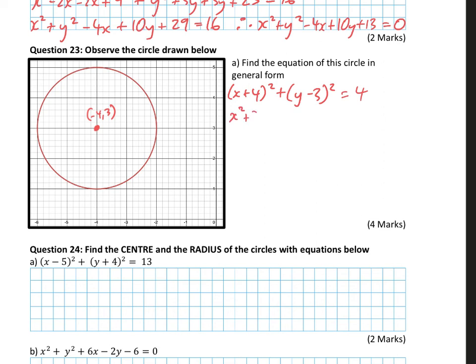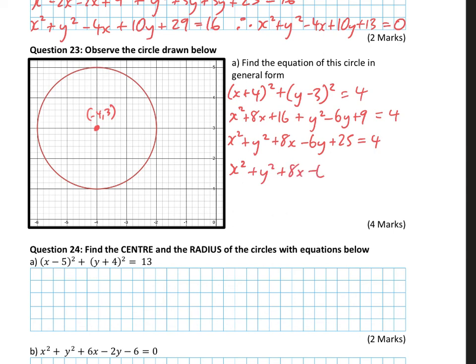X squared plus 8x plus 16 plus y squared take 6y plus 9 equals 4. X squared plus y squared plus 8x take 6y, 16 and 9 is plus 25 equals 4. Take 4 from both sides. X squared plus y squared plus 8x take 6y plus 21 equals nothing.